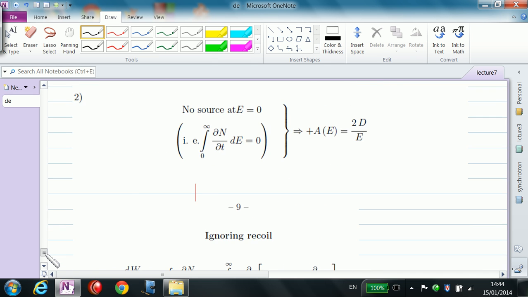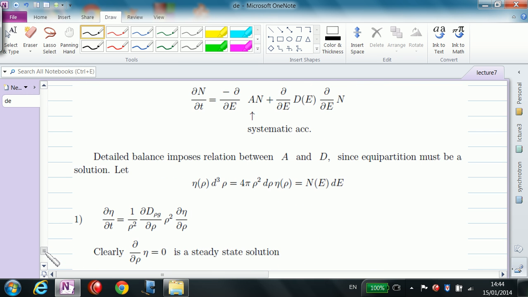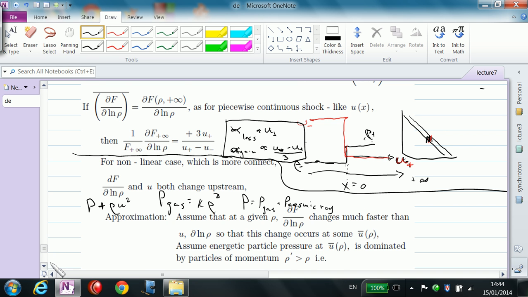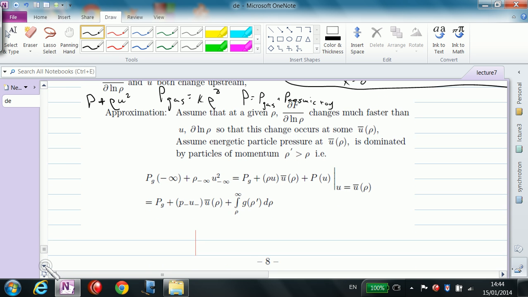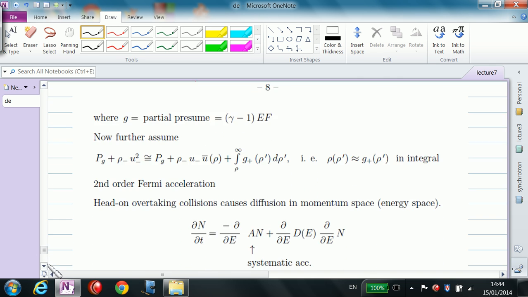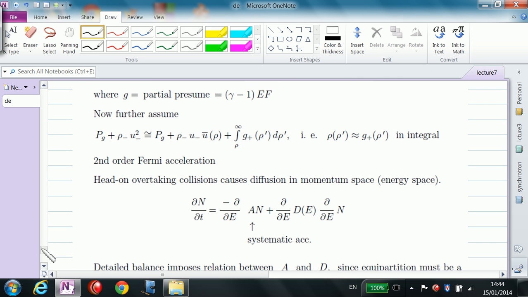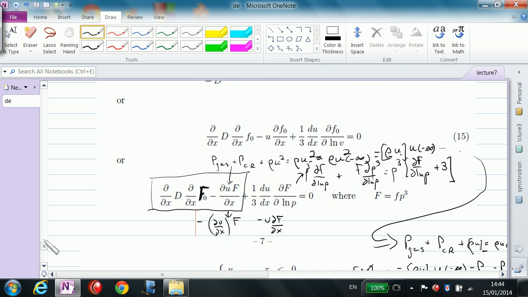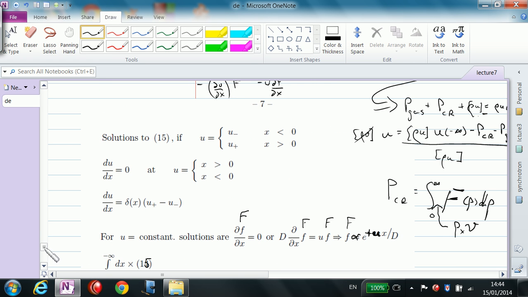And how do you know what f of p is? Well, we don't know what f is, but in principle you have an equation to calculate it, because you had this equation to calculate f of p if you know u, and you have this equation to calculate u if you know f of p.